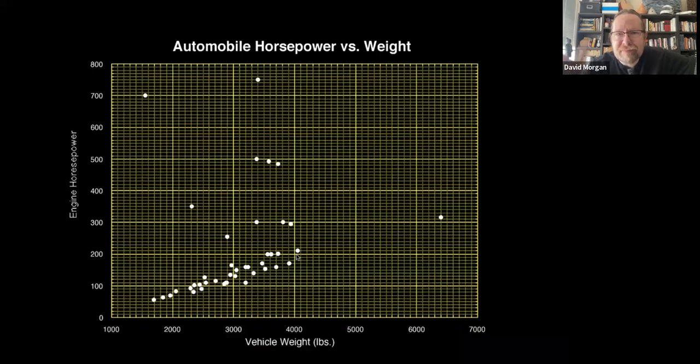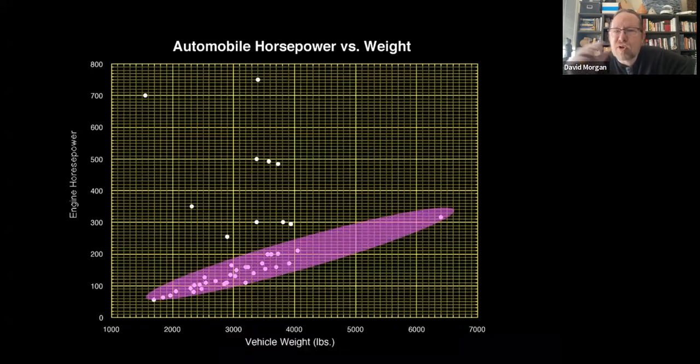Whereas a big Lincoln Navigator or GMC Armada, some huge SUV, might weigh 4,000 pounds, and it needs a 200 horsepower engine just to get itself up to highway speeds in a reasonable amount of time. This crazy car out here weighs more than 6,000 pounds, and it needs a 300 horsepower engine to get it up to speed. By the way, that's a Hummer H2 is what that dot is.